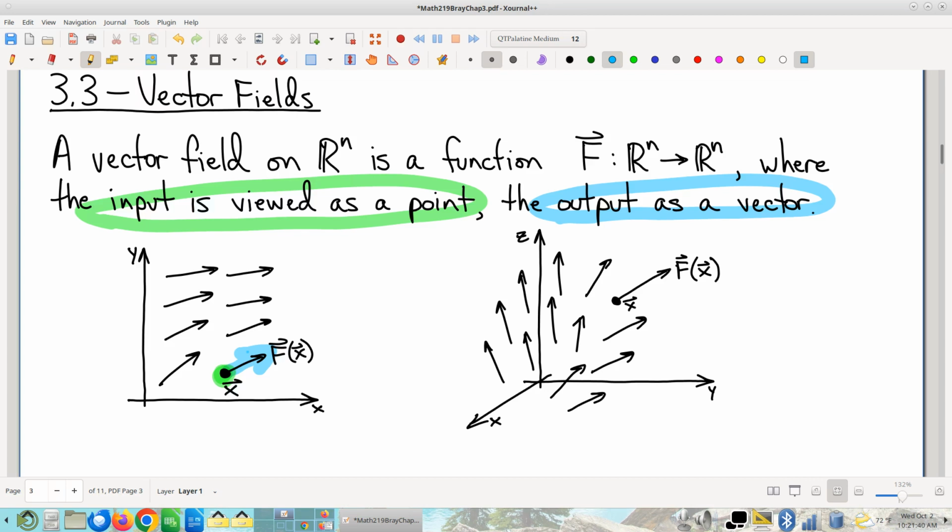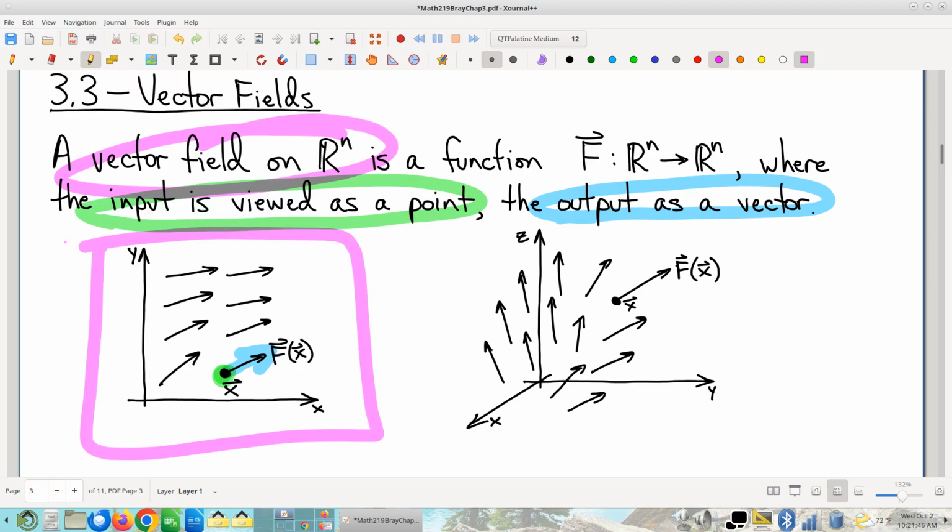Okay, so this is the kind of picture. So when you're talking about a vector field on Rn, you're talking about basically a picture kind of like this, which we make algebraic and precise by way of a multivariable function like that. So that's an example of a vector field. Now you'll notice this is a vector field in two dimensions, right?